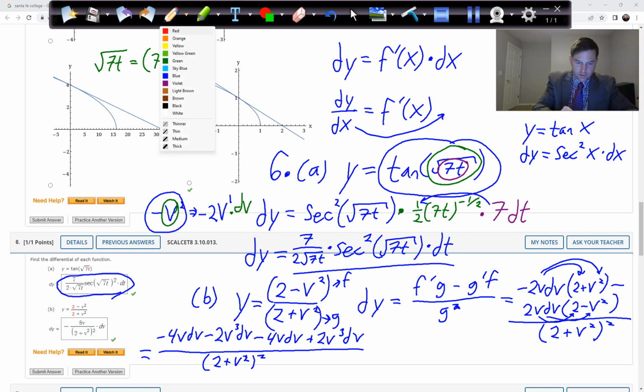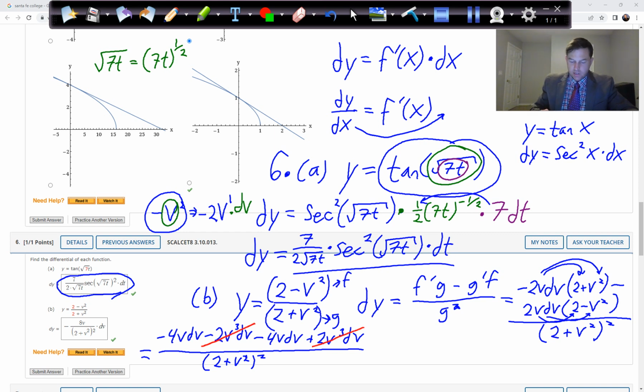Now if you look very carefully, you've got minus 2v cubed dv, and we have plus 2v cubed dv. Those are going to cancel, and these are exactly the same, so they're going to combine into negative 8v dv over (2 plus v squared) squared. I believe that is it.